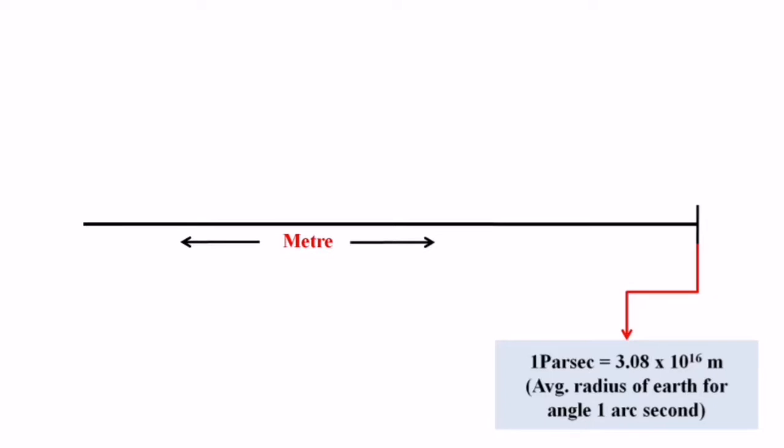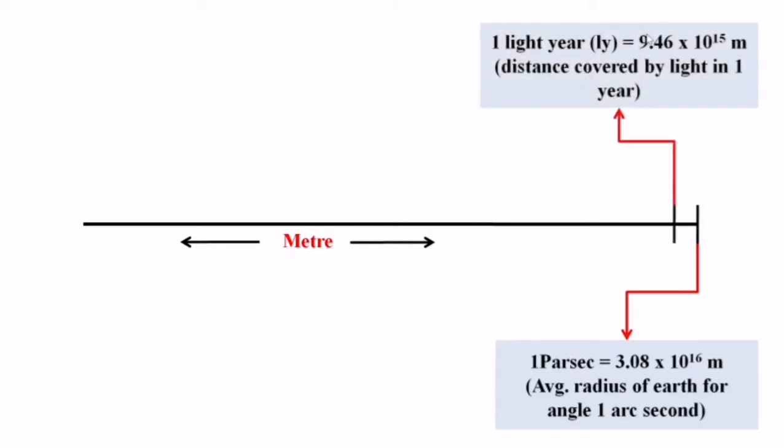When the basis equals the radius of the earth and the angle subtended equals 1 arc second, which is a fraction of a degree actually, the distance between earth and the said star is called 1 parallax second or 1 parsec, and its value is 3.08 into 10 to the power 16 meters.